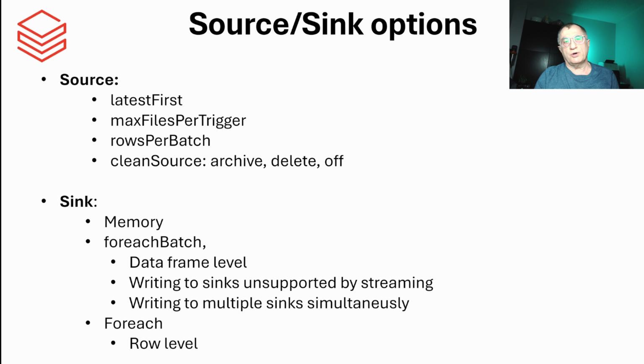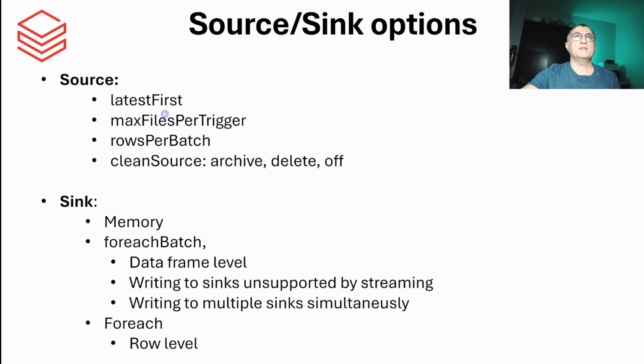Changing the frequency of microbatches in a stream is not the only way of changing its behavior. So you can adjust certain source and sink parameters to change the way streaming behaves. Depending on your source type, some of the common source options that you can use are the following.